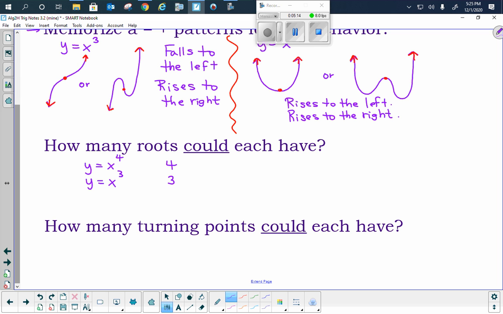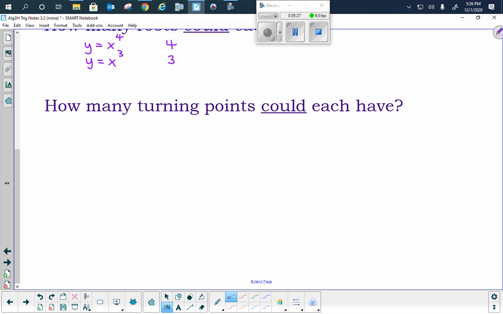Well, now we also like to ask you about how many turning points could each have. Well, look above, guys. Let's give us a little more room. So let's talk about the y equals x to the fourth and the y equals x cubed.